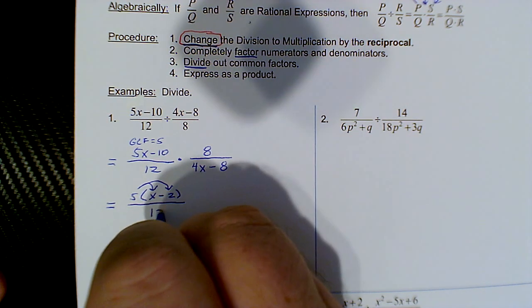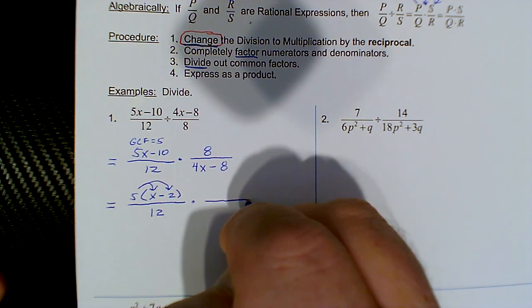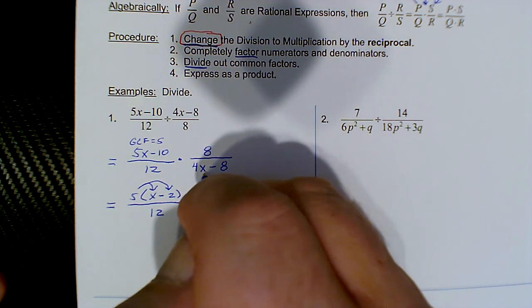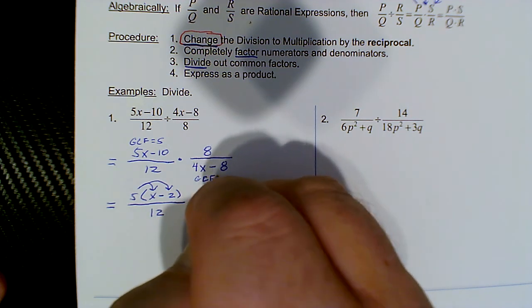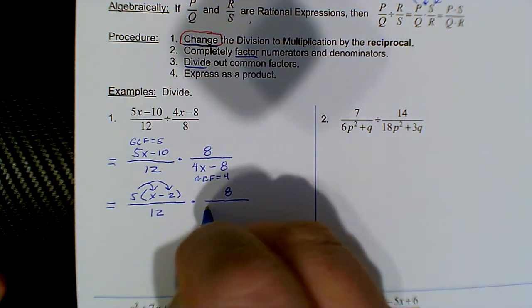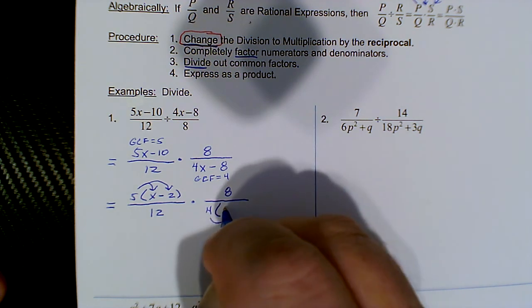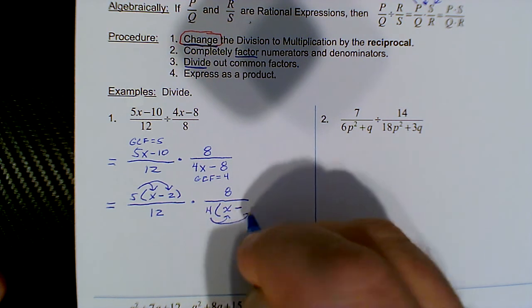And that's all over 12. Just have to leave that as it is, and then times, need to recopy the 8. And then for 4x minus 8, greatest common factor is 4. And if we factor that out, 4 times what is 4x, that's just x. And 4 times what is negative 8, that'd be negative 2.